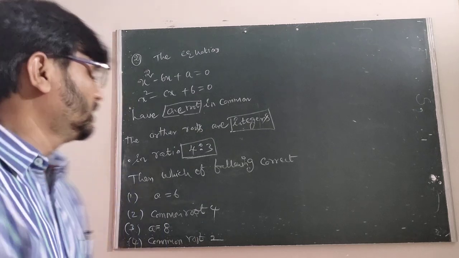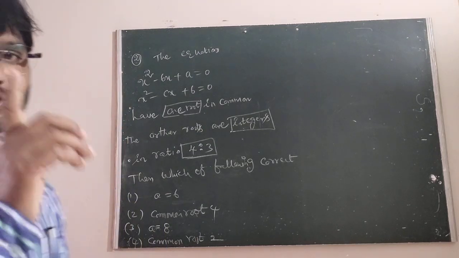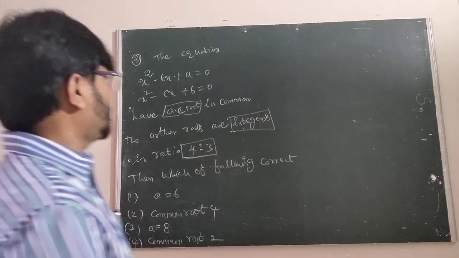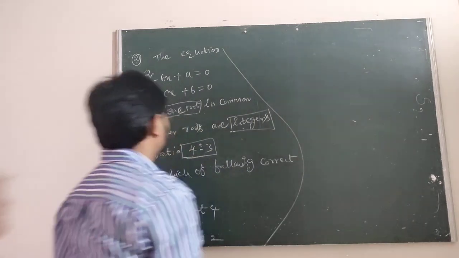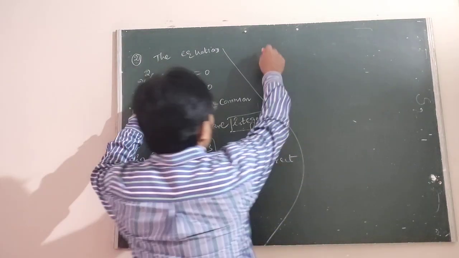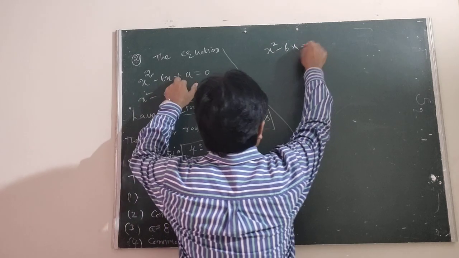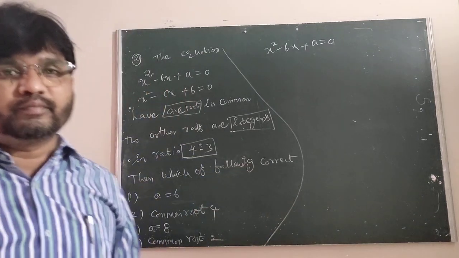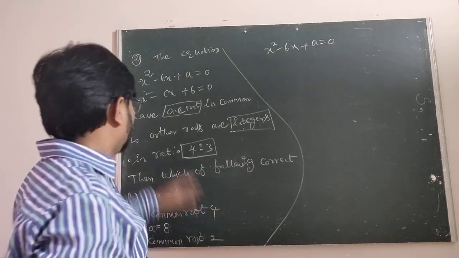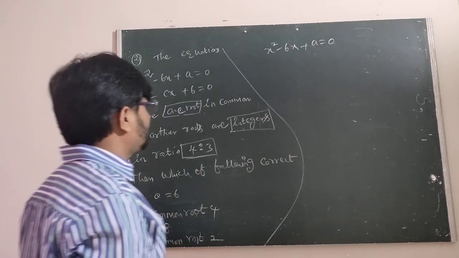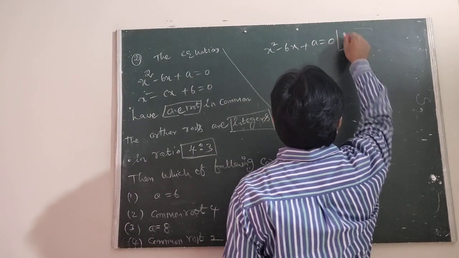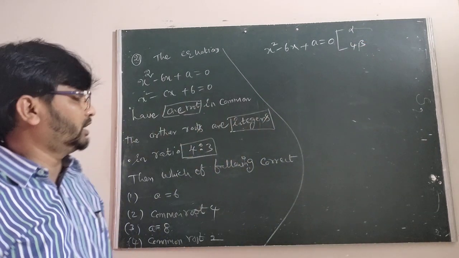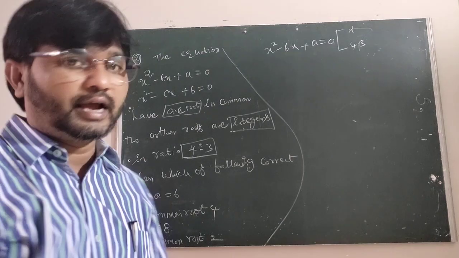Now we are taking that the first and second equations have one common root and the other roots are in the ratio 4:3. The given equation 1 is x square minus 6x plus a equal to 0. Here we can take the roots as alpha and 4 beta.